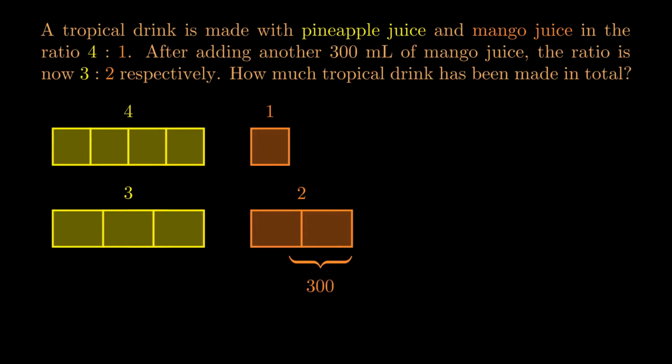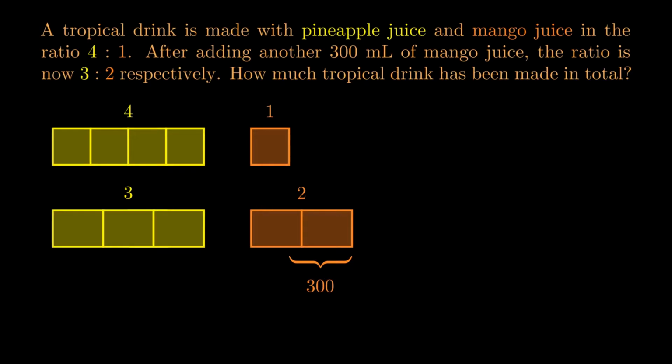The main reason behind that is really that the bits in our two ratios are of different size. You can see that each bit in the bottom ratio is bigger than each bit in the top ratio. And while that's the case, we have no hope of establishing any relationship between the ratios before and after the extra mango juice was added.